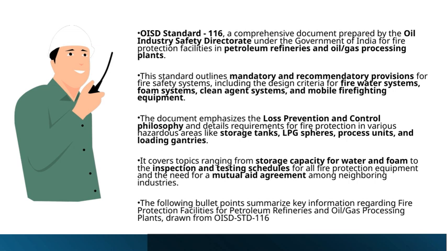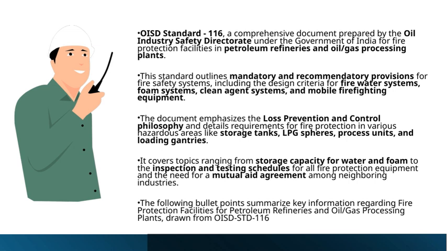A key aspect of this standard is its emphasis on the loss prevention and control philosophy. It details specific requirements for fire protection across various hazardous areas, such as storage tanks, LPG spheres, process units, and loading gantries. The document also covers practical topics like storage capacities for water and foam, as well as schedules for inspecting and testing all fire protection equipment.